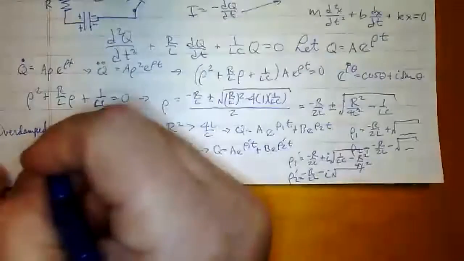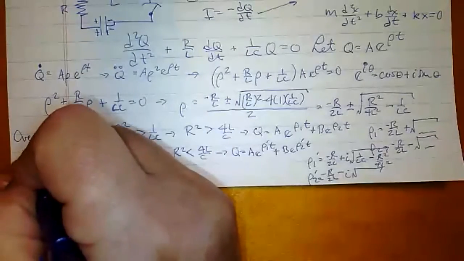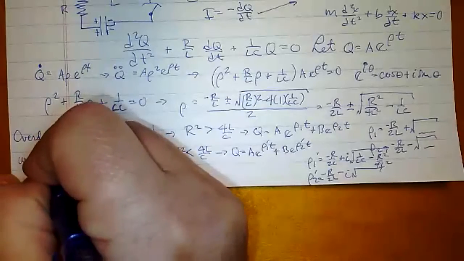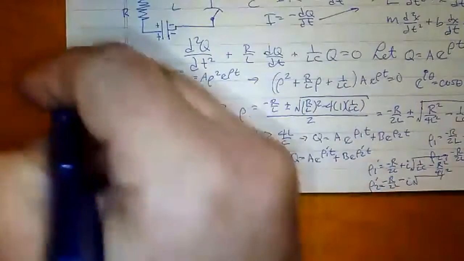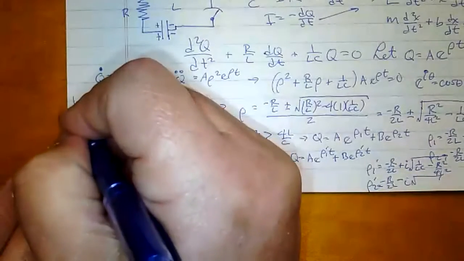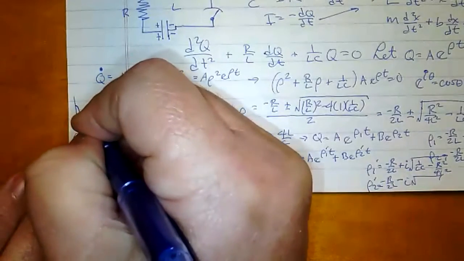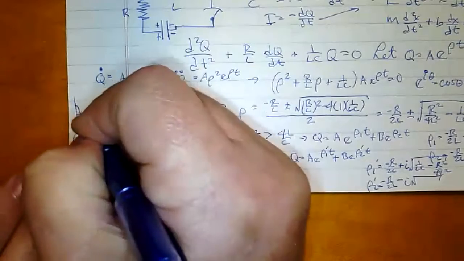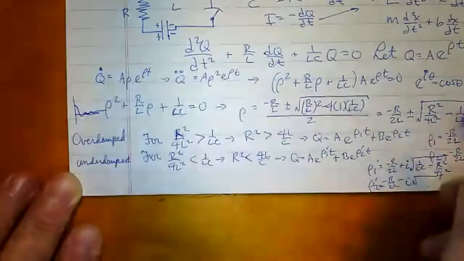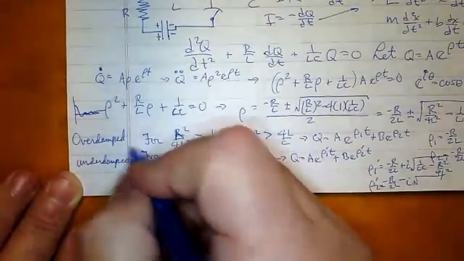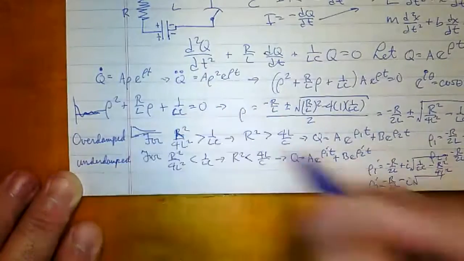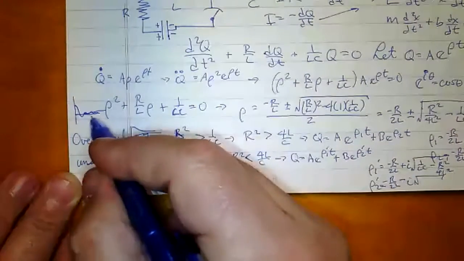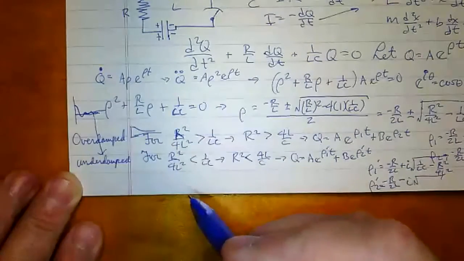So this is what we normally call underdamped, but sometimes mathematicians will call it damped. And the graph in that case looks something like this, where it actually oscillates back and forth. This one just looks like that, whereas this one looks like that thing.